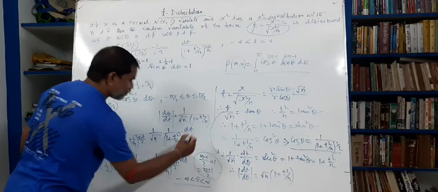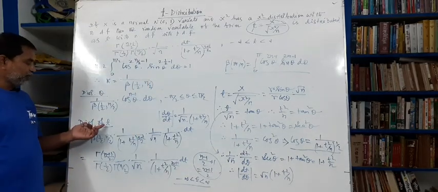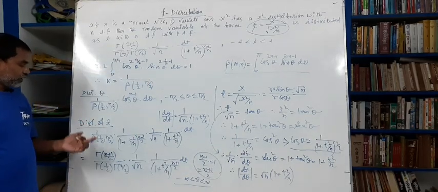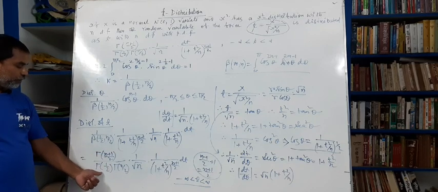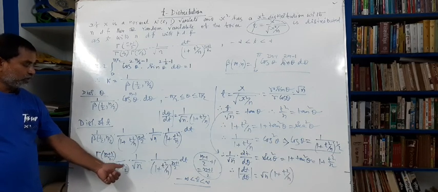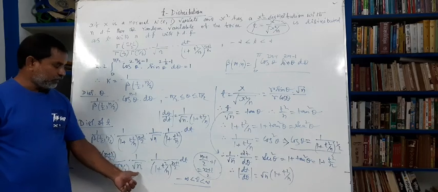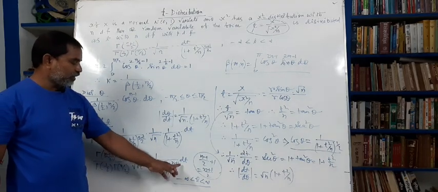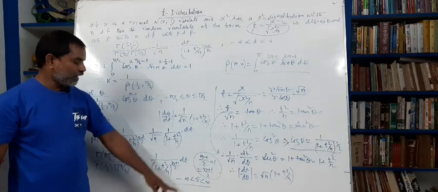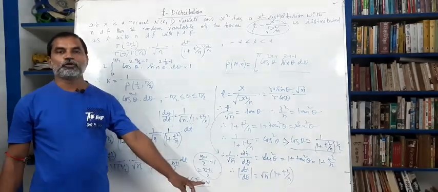Therefore, the distribution of t is gamma of n plus 1 by 2 divided by gamma half into gamma n by 2, into 1 by root n, into 1 divided by 1 plus t square by n whole to the power n plus 1 by 2 dt, and t varies from minus infinity to infinity.